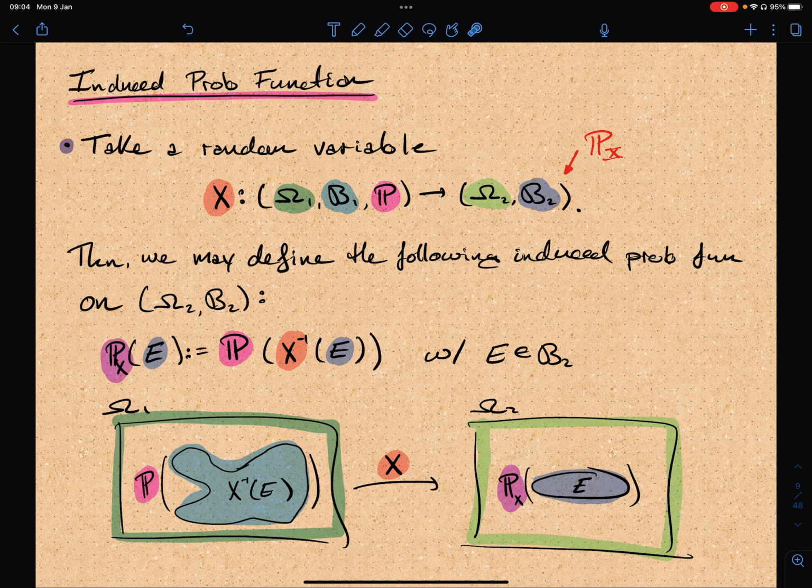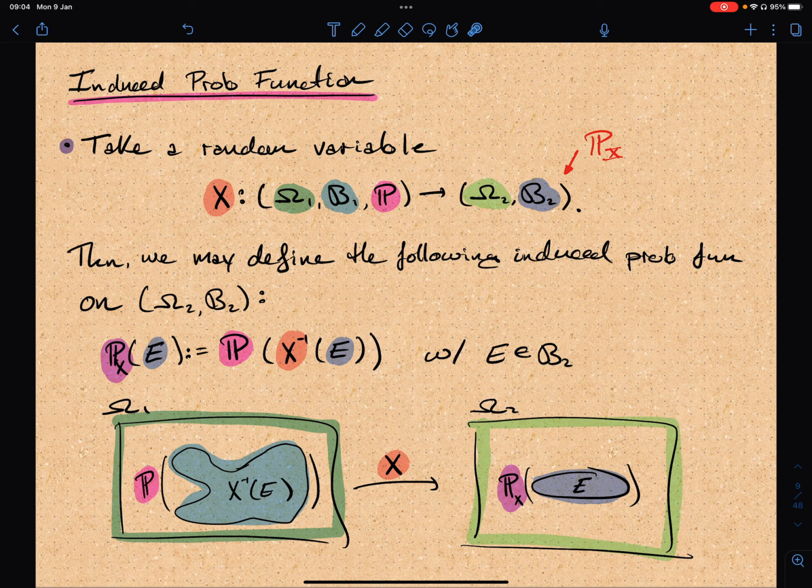This is part of the reason why we want random variables to satisfy the second condition, that the pre-image of events is also an event. I denote the dependence on x by a subscript, so that if you have different random variables mapping these two spaces, they induce different probability functions.